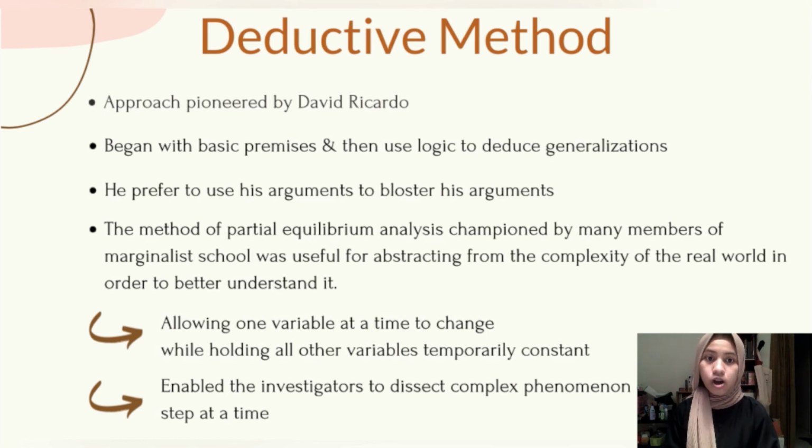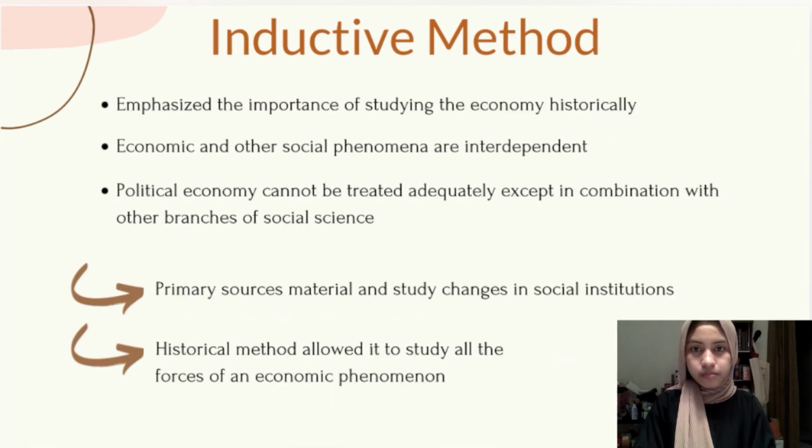The method of partial equilibrium analysis, championed by many members of the marginalist school, was useful for abstracting from the complexity of the real world in order to better understand it. This deductive approach first allows one variable at a time to change while holding all other variables temporarily constant, and second, it enables investigators to dissect complex phenomena one step at a time.